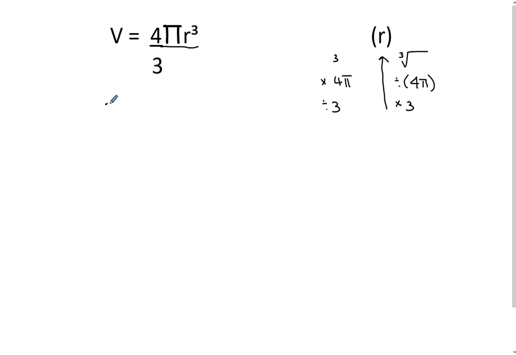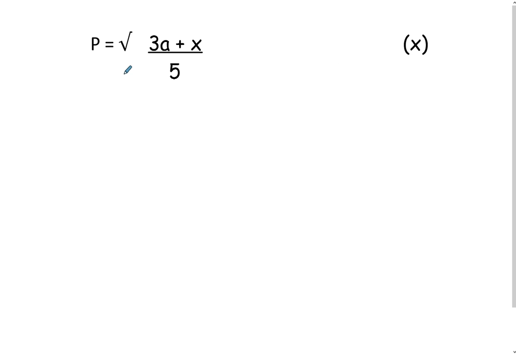So I'm going to multiply by 3, so I've got 3V, and then I'm going to divide it by 4 pi, and then I'm going to cube root the whole thing, equals r. Can you see my workings? Hardly any. And again, it took about a minute to do that. Okay, all right, let's take another one.